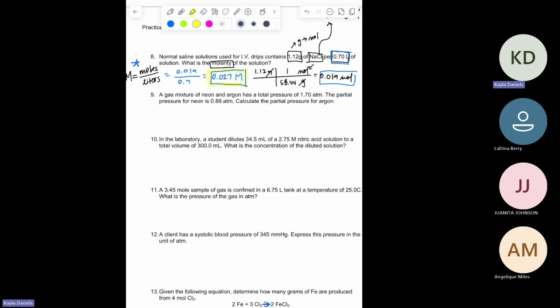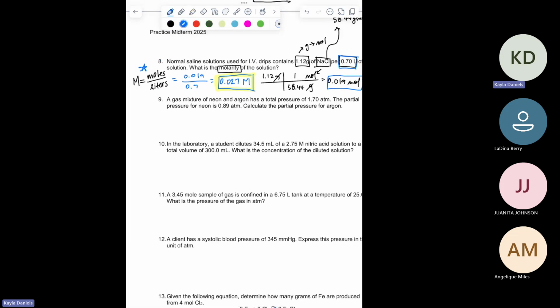All right, 9. A gas mixture of neon and argon has a total pressure of 1.7 atmospheres. The partial pressure of neon is 0.89 atmospheres. Calculate the partial pressure for argon. So this was another one. These next few are ones that you would have gone over with Professor Hecht. So the partial pressure law is that the pressure of the total is equal to the pressure of the part, or partial.